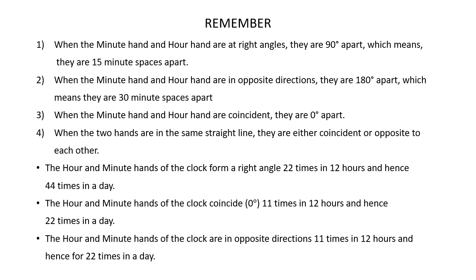The hour and minute hands of the clock are in opposite directions 11 times in 12 hours and hence 22 times in a day. Please remember all these points, which will make solving problems on clock much easier.